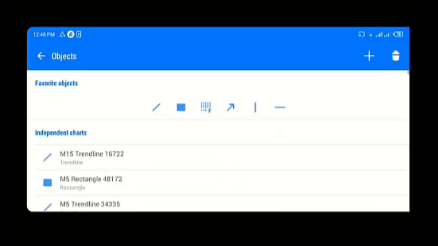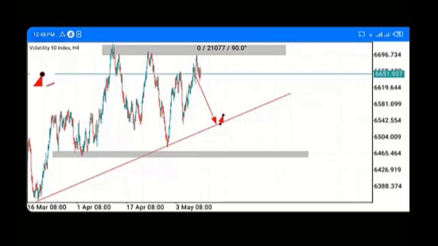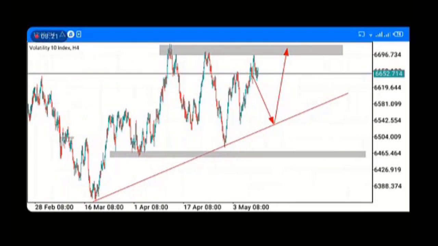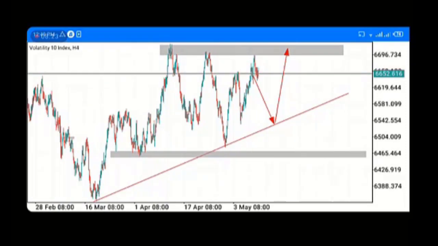Then we may have something that serves as a catalyst to push the market all the way up to clear these areas of liquidity. That is about what I can see from the 4-hour time frame.